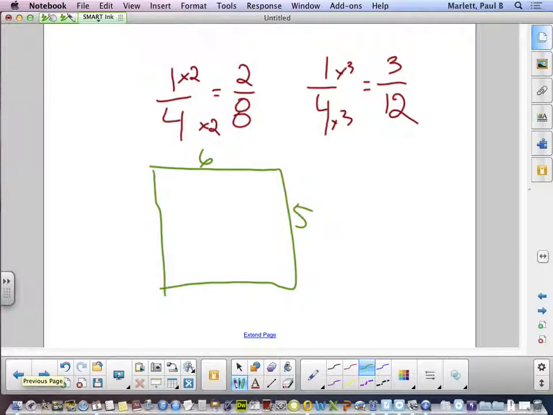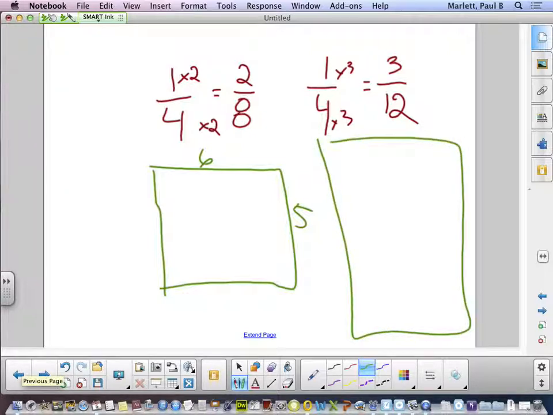What's an equivalent rectangle to that? 12 by 10. Similar. 24 by 20, that's right. Yeah, it could be huge.